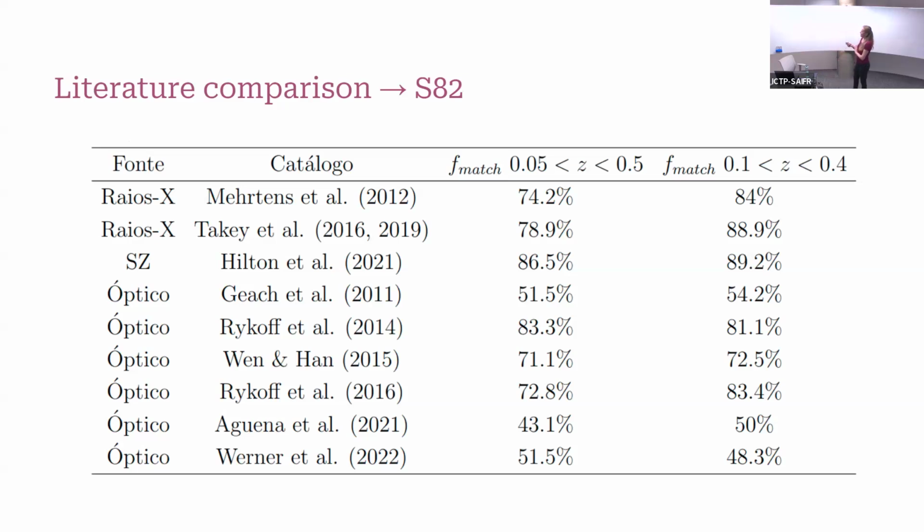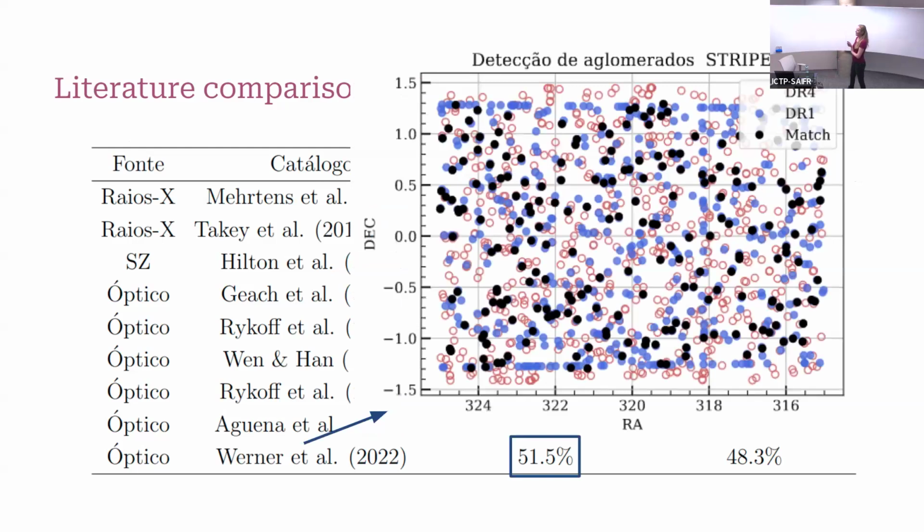But before talking about that, I would like to highlight our own results. We have only a 50% match with the old catalog, and it was kind of a surprise. When I took a look at the data, I found that the black ones are the matches, the blue ones are the results from year 1, and the red ones are my catalog with year 2.